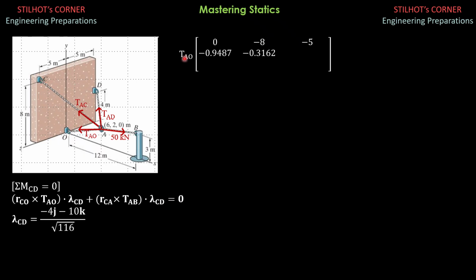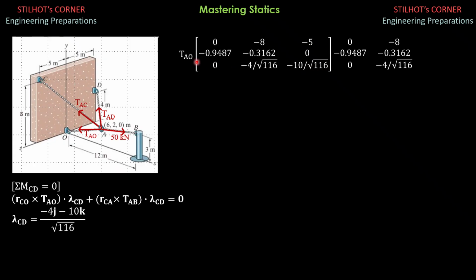So for tension AO, in this equation I just factor out tension AO for the components of tension AO. So for CO, 0 minus 0, so 0. Then 0 minus 8, negative 8. Then 0 minus positive 5, so negative 5.